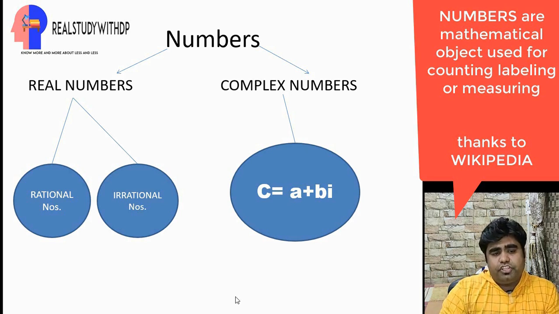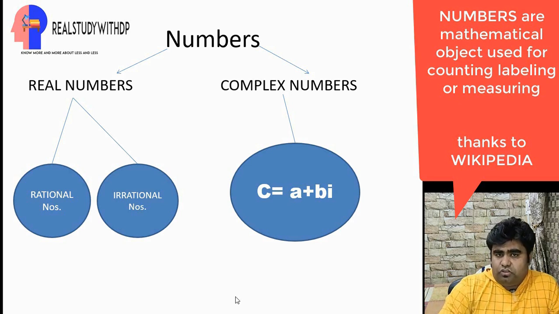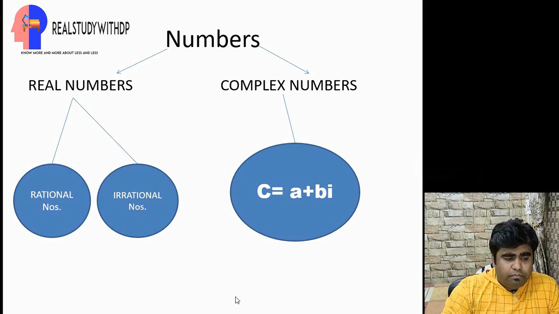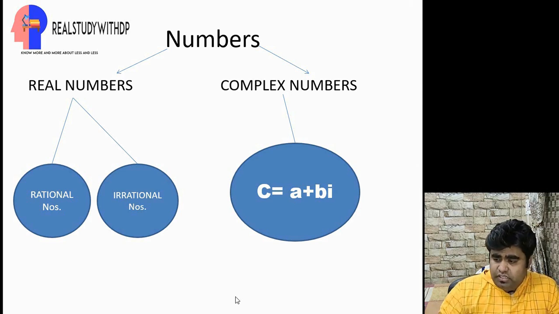When we begin our education, numbers are taught, and those numbers are usually the natural numbers, the counting numbers. In our kindergartens or nursery classes, we start with counting numbers 1 to 10. So the first classification is the natural numbers, which are also known as the counting numbers.